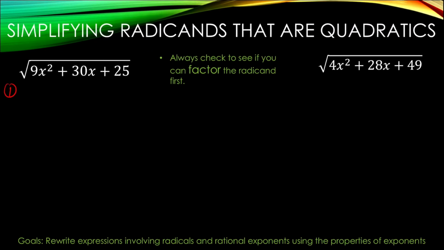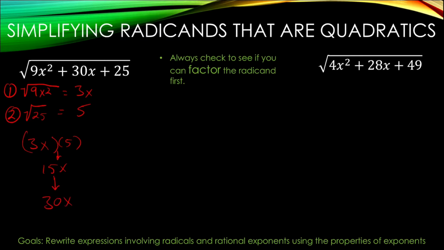The first thing I'm going to do is take the square root of that first term, 9x squared. We get 3x. Second step is take the square root of the third term. So the square root of 25 is 5. Now I need to see if I can multiply step 1 and 2 together. So 3x multiplied by 5 gives us 15x. And then we double that.